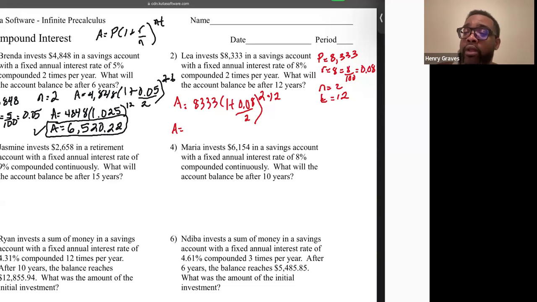So I have 8,333 times 1.04 raised up to the 24th power. And let me see what I get. 8,333 times 1.04 raised up to the 24th power.